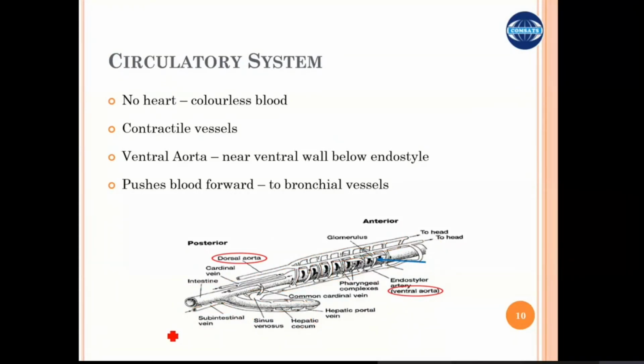So that was all about the structure, and now we'll see the blood flow and its directions. If we start from the heart, the sinus venosus, it pushes the blood towards the head. The blood moves forward into the pharyngeal region, and from there it passes on towards the head. Once it reaches the head region, the blood is pumped towards the dorsal side of the dorsal aorta.